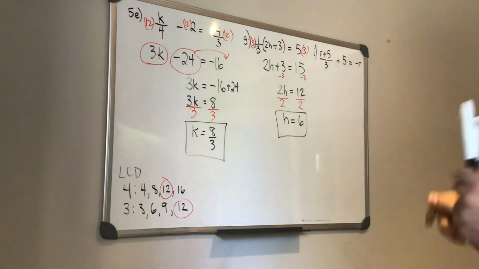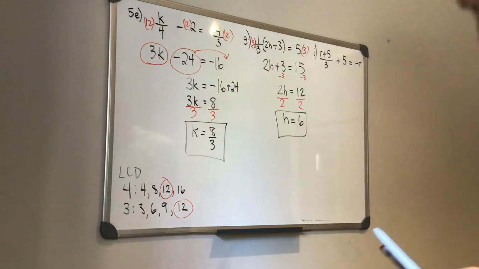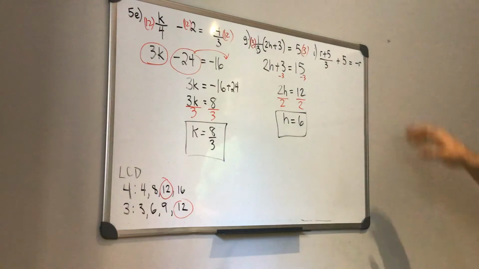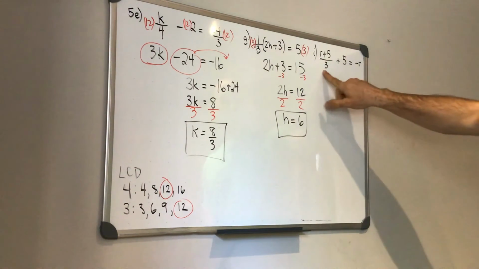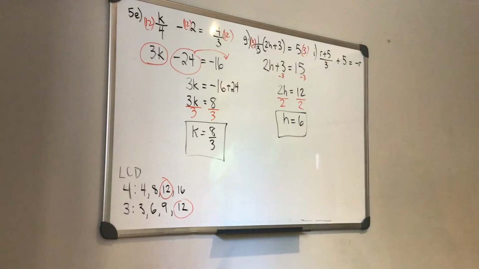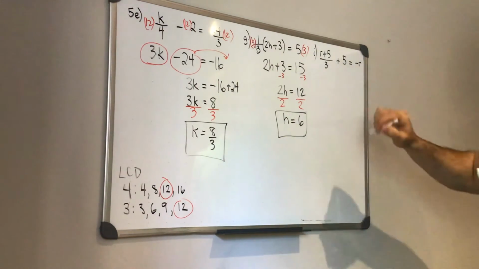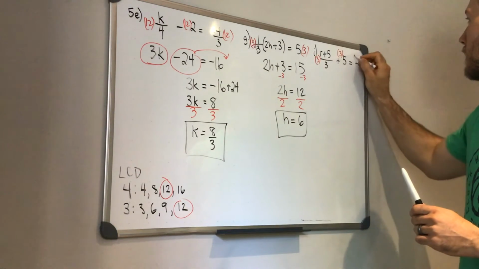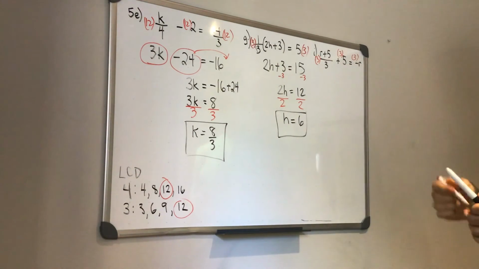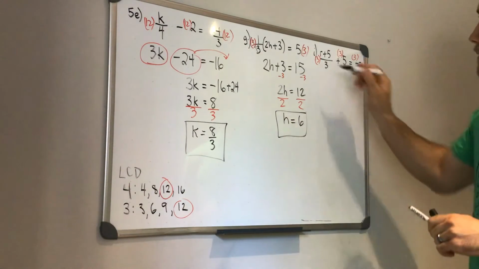All right, so our third one. This one's probably the hardest one to see here. Again, we have one fraction, so we have one denominator here to worry about. Our denominator is 3, so that means we're going to multiply every term by 3. These 3's are going to cancel out.